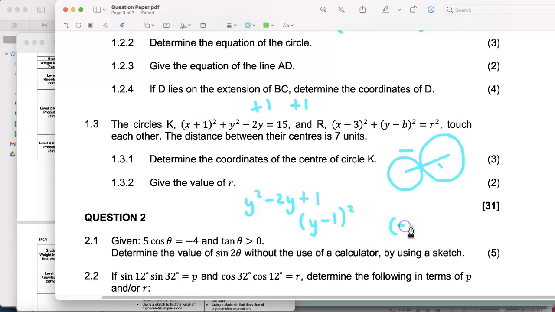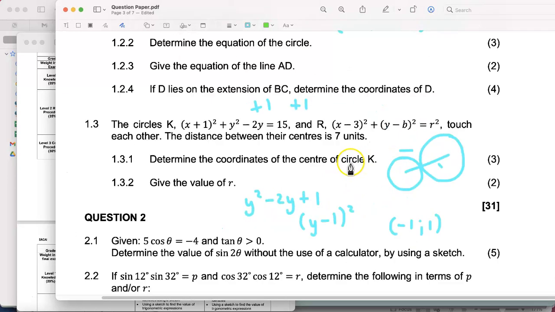All you can do is take each bracket and make it equal to 0. So it's 1 comma minus 1.